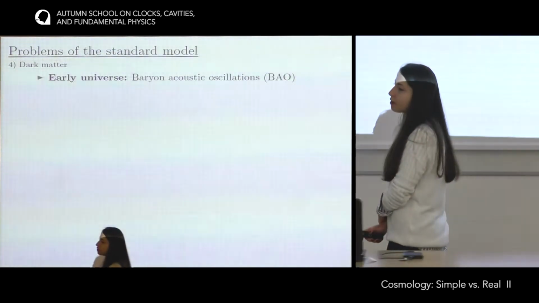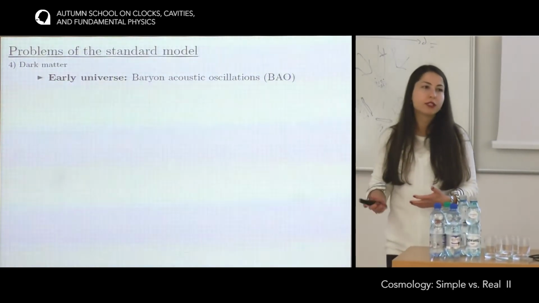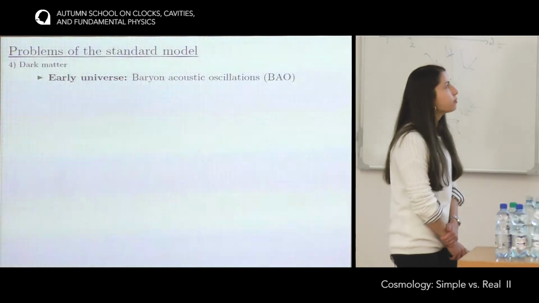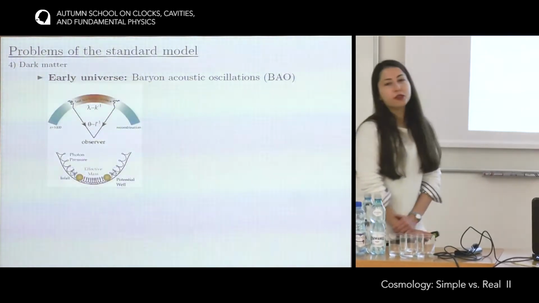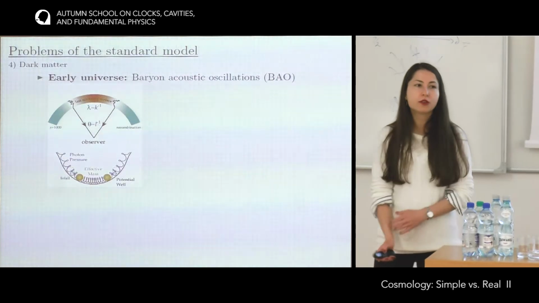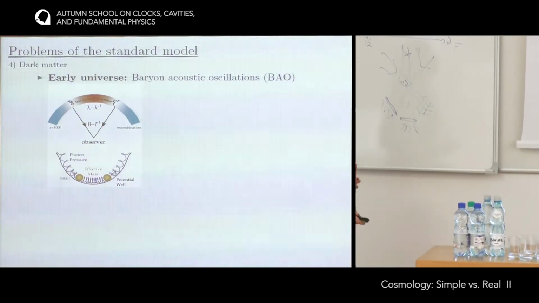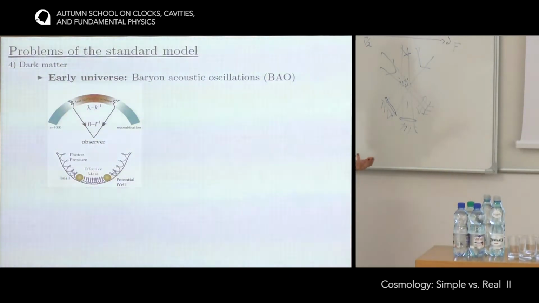So, and then we have the early universe, proof for dark matter in the early universe, and that comes with the baryonic acoustic oscillations data. So remember yesterday I talked about this early universe. There was a very energetic plasma. Yesterday I talked about the baryons and the photons.